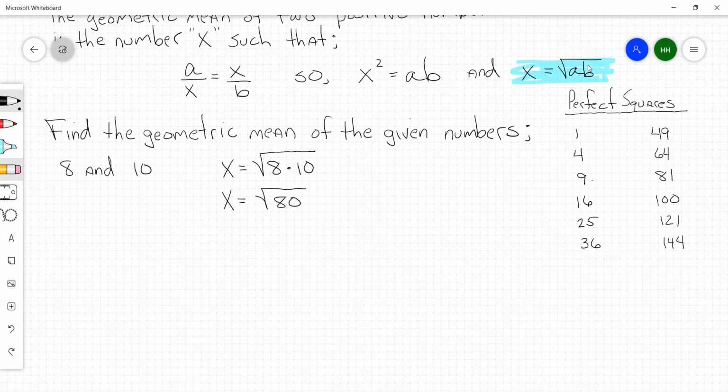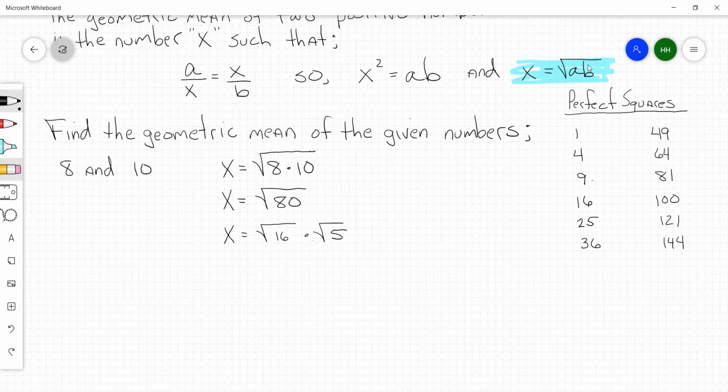All right, so if x equals the square root of 80, well, that's the same as the square root of 16 times 5. Let me rewrite it as the square root of 16 times the square root of 5.